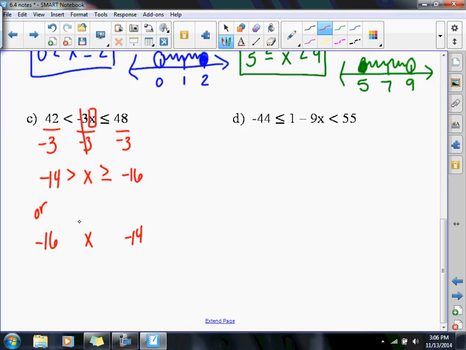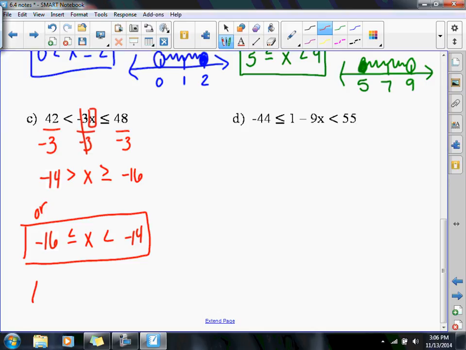So the sign that went between the 16 and the x was a greater than or equal to, so now I want a less than or equal to. And the sign that was between the 14 and the x is a greater than, so now I want a less than in that spot. So this is the preferred way to write your answer.